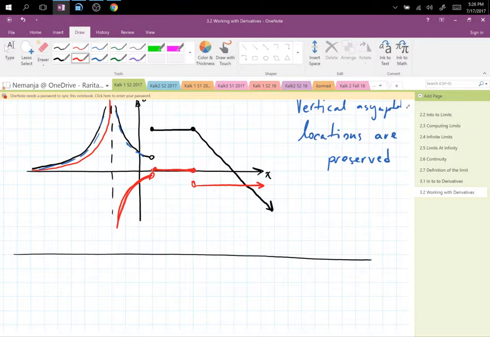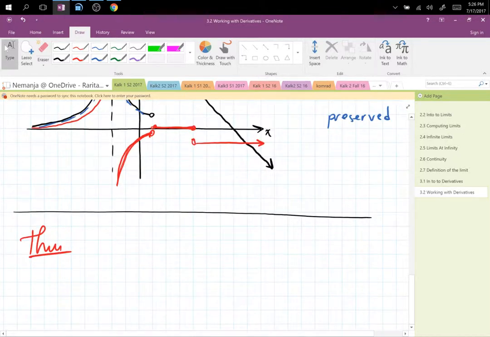Now, this theorem helps us a lot because this theorem says if you can take the derivative of the function, it's continuous. So I'm just going to write, this is a major theorem that helps us a lot later on in theoretical mathematics and so on.